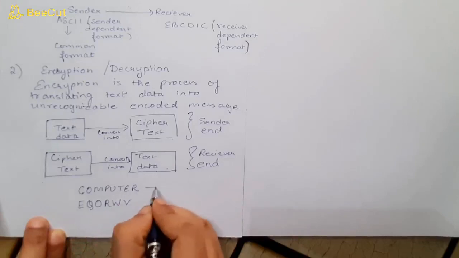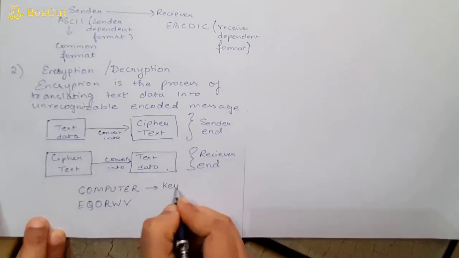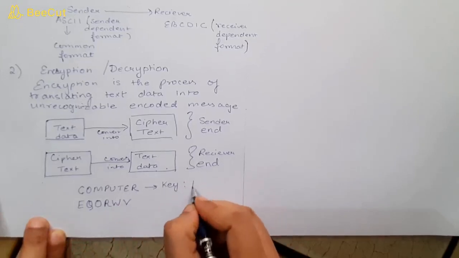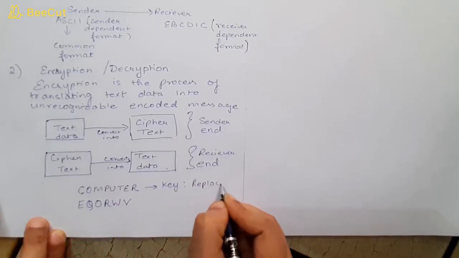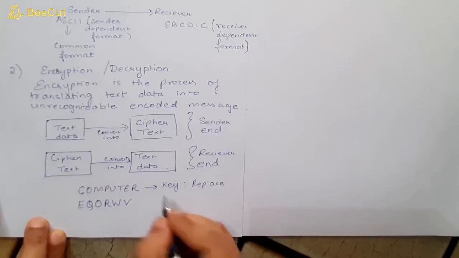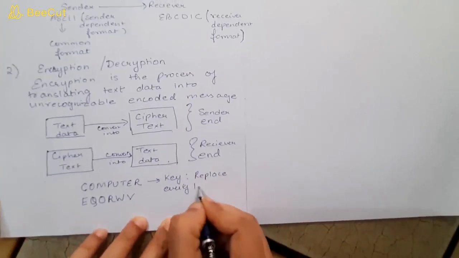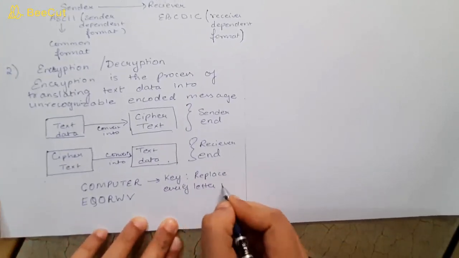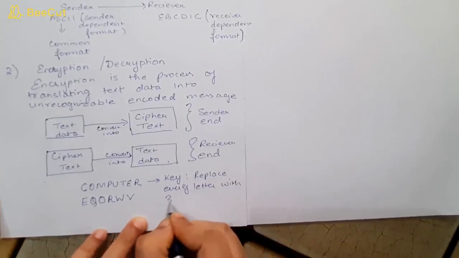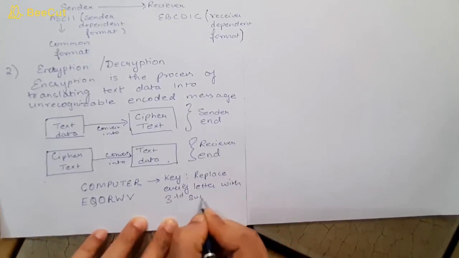Okay, what we are doing? We are taking the key as replacing every letter with the third successive letter.